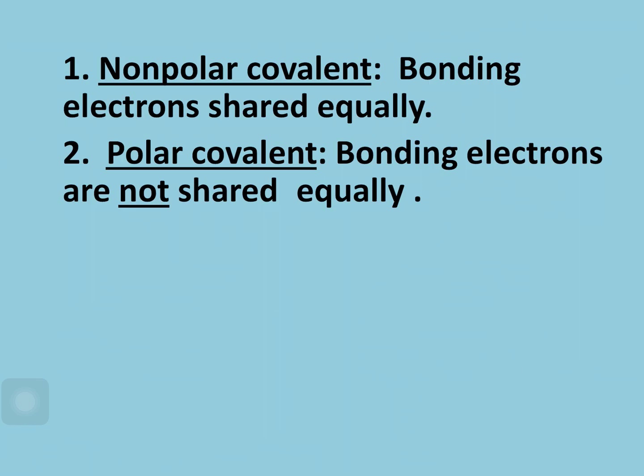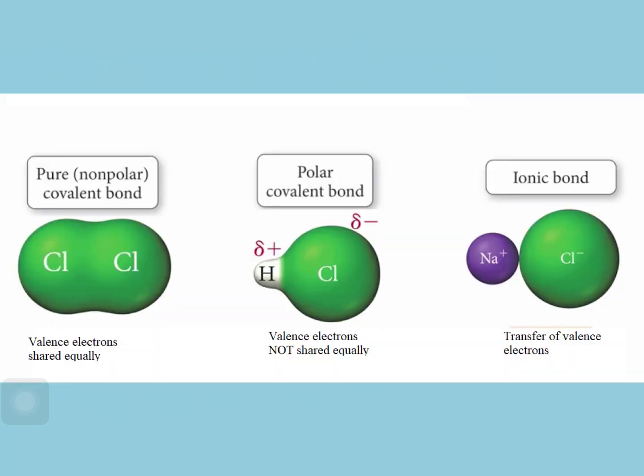There are two types of covalent bonds. You have a nonpolar covalent bond, which has bonded electrons shared equally, and then a polar covalent bond, in which bonding electrons are not shared equally. So this shows you the three different types. Here's your nonpolar, where your valence electrons are being shared equally, so you've got an equal amount.